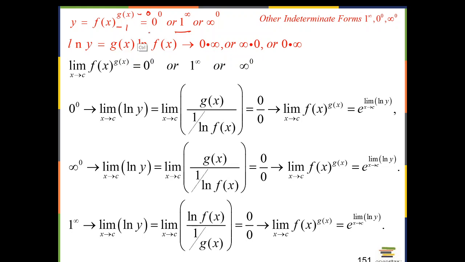And g is infinity, right here, okay? So what do we get here? Well, we get infinity times ln 1, which is 0. Again, we get the same form. And what if we have the third type, where f is infinity and g is 0? Well, again, we get ln infinity, which is infinity, and then g is 0. 0 times infinity again.